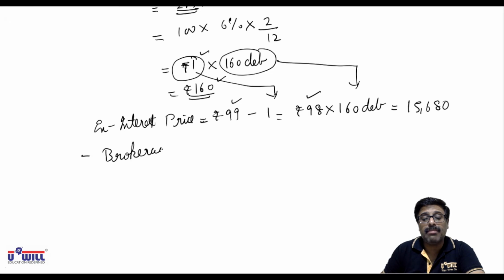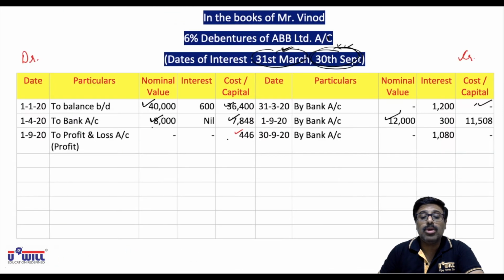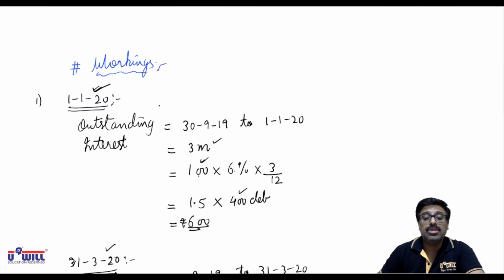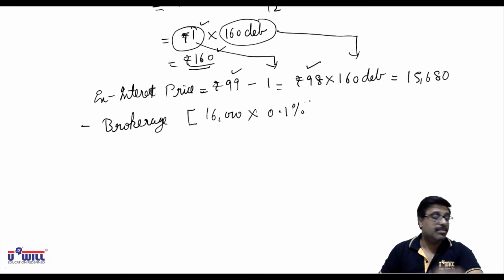Purchase means you add brokerage and sale means you minus. Brokerage is 0.1% of nominal value. Nominal value is 16,000. So 16,000 into 0.1%. Do it everyone. 16 rupees is the brokerage.